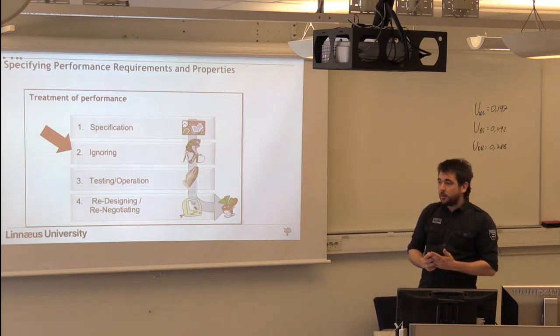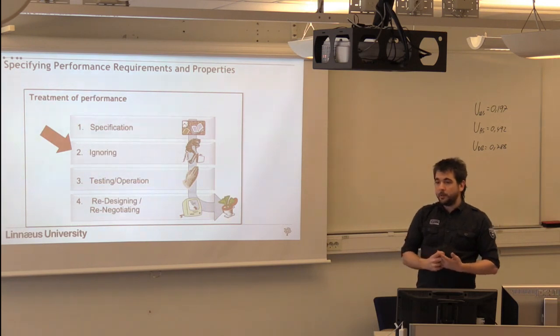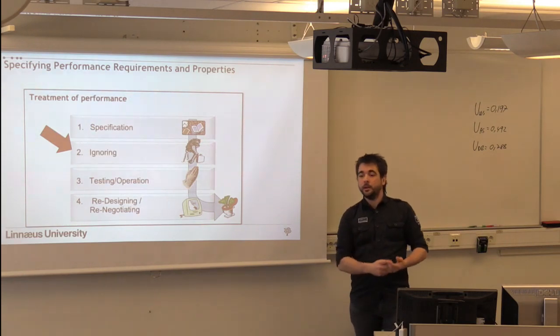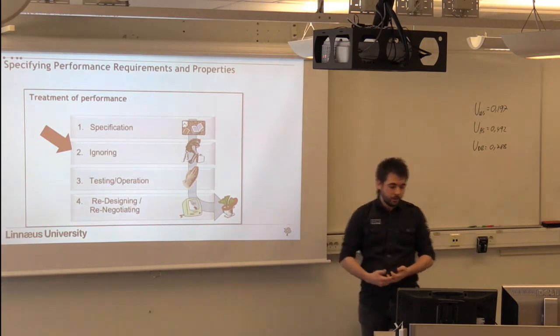And today we are going to see how to represent the specification of the performance properties in the design of our system. So assuming that we are designing using UML.